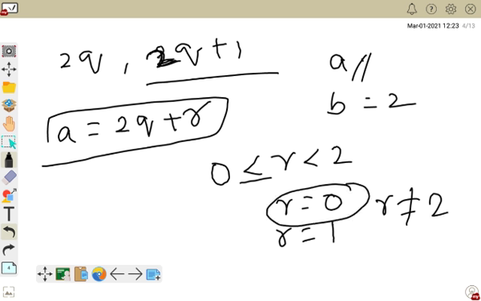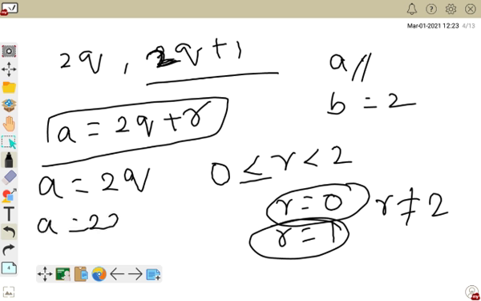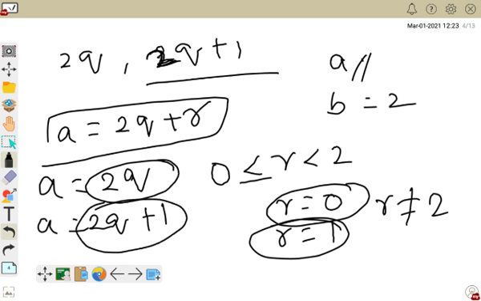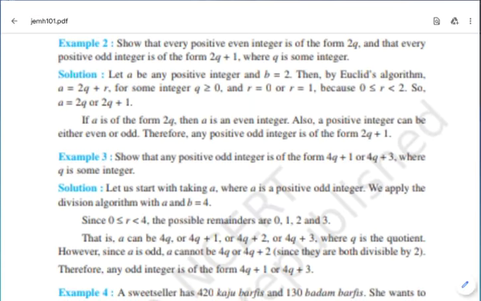When R is equal to 0, A is in the form 2q. When R is equal to 1, A is equal to 2q plus 1. So this is an even number, this is an odd number for any integer value of q. This is what they have asked. So that's what we have proved.